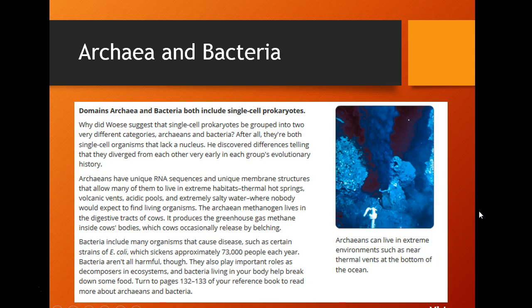So why are archaea and bacteria different? They both are single-cell prokaryotes, which seems like they would be very similar since they have very similar structure. However, they are grouped into two very different categories because of where they live and how they function.